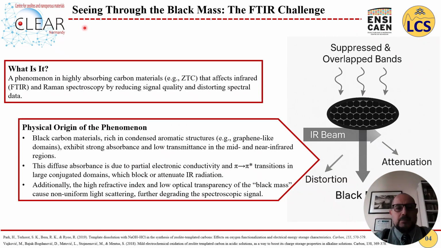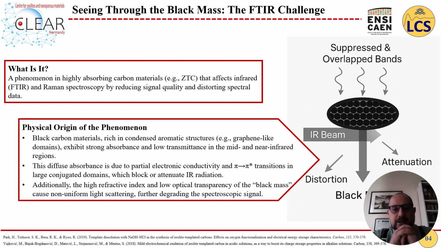This black carbon mass effect is a phenomenon that affects infrared and Raman spectroscopy by reducing signal quality and distorting spectral data. The physical origin of this phenomenon is related to black carbon materials that are rich in condensed aromatic structures, for example graphene-like domains, that exhibit strong absorbance and low transmittance in the mid and near infrared region.